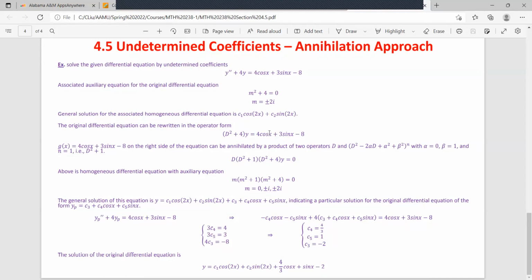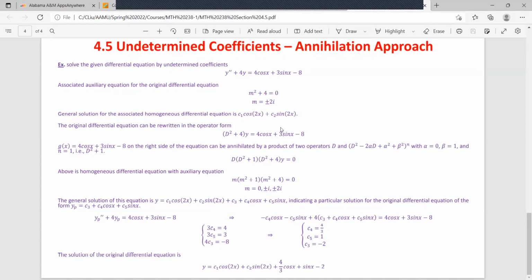So you don't have 2x or 3x in those trig functions. So beta is just 1. That takes care of this, and n is 1.